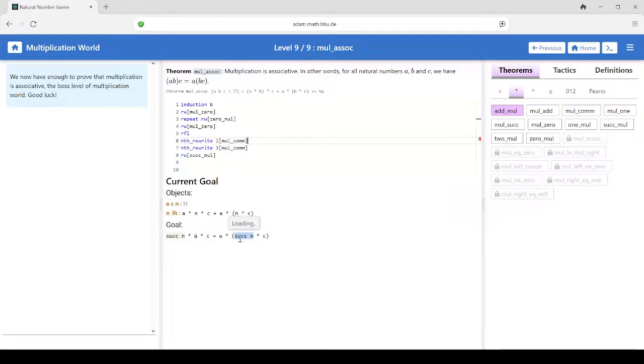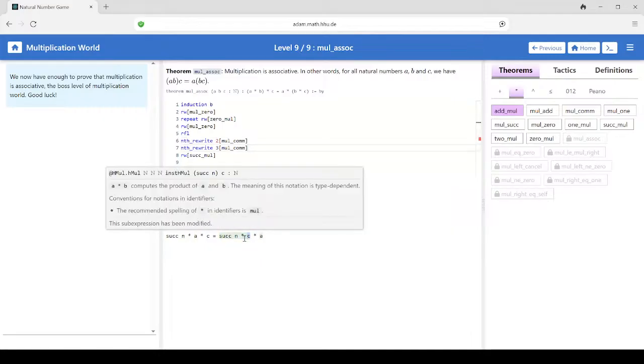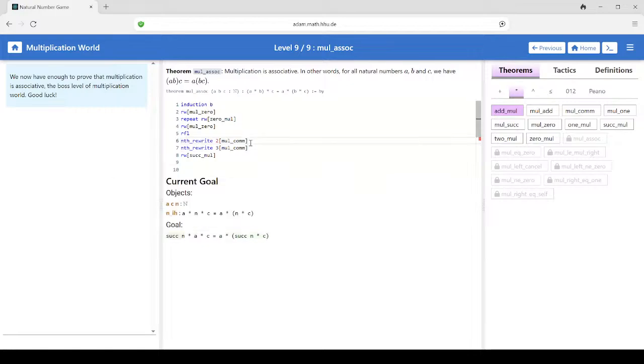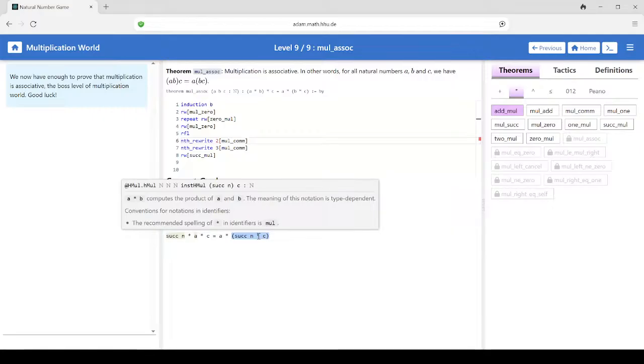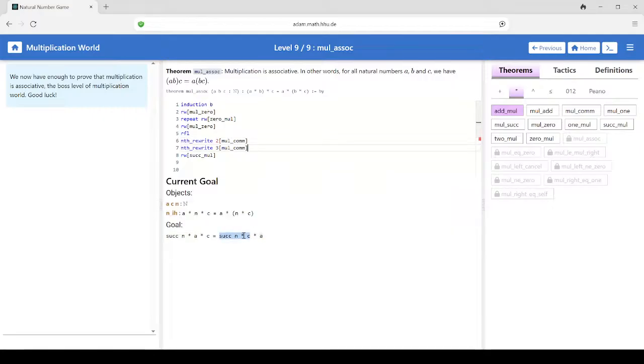This switches it so that... Wait, we have A times successor N times C. Successor N times C times A. Okay, so yeah, successor N times C is still being multiplied first before it's being multiplied to A. Right, so I don't have the associative property yet, and that means I can't change the order in which anything is being multiplied.